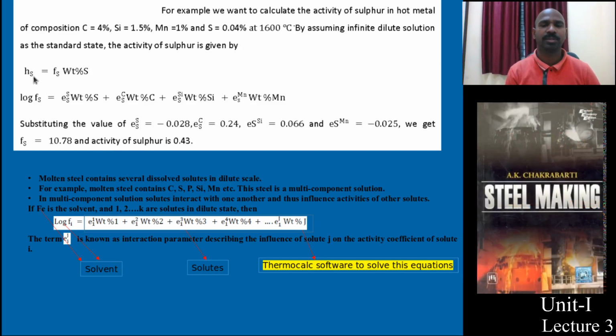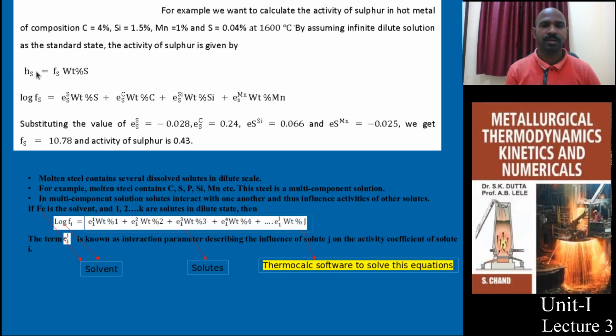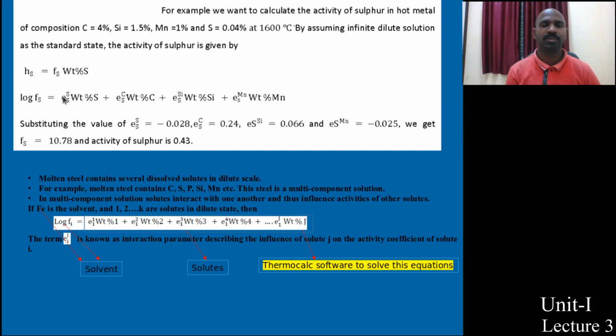So assume that the Henryan activity of sulfur, the Henryan coefficient of sulfur and the weight percentage of sulfur can be written as follows when you apply Henry's law for the molten metal. And how do you calculate the Henryan coefficient? By logarithm.